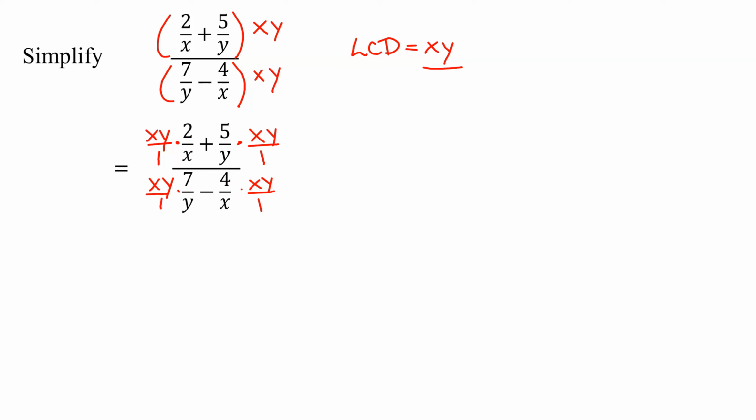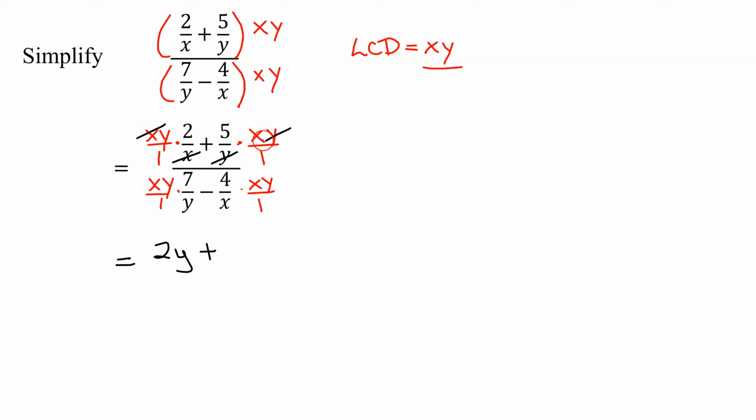And now it makes simplification a lot easier. In my first term, my x's reduce. I get left with y times 2, or 2y divided by 1, and 2y divided by 1 is just 2y. Plus, in my second term, the y's reduce.